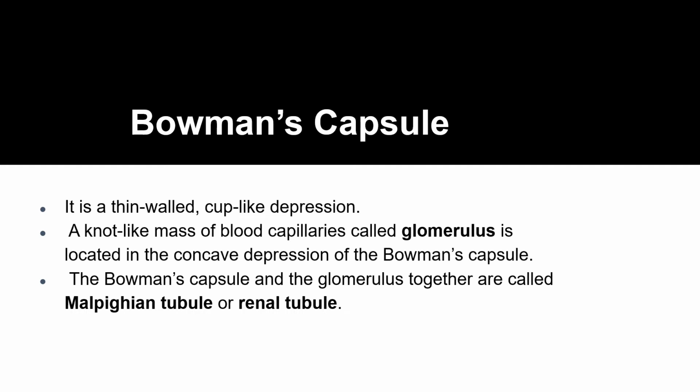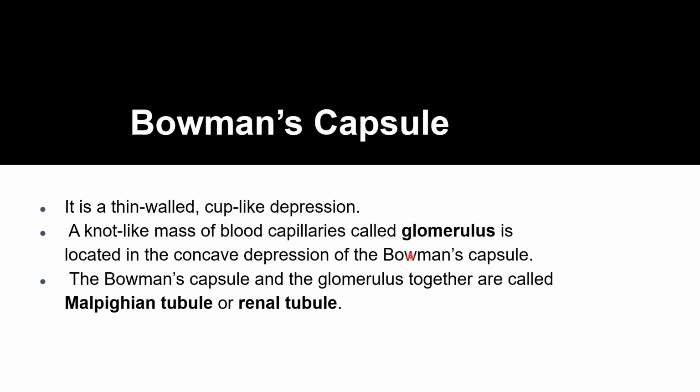So first let us understand about the Bowman's capsule. Bowman's capsule is very thin walled, and it looks like a cup-shaped structure. Inside that cup-like structure you can see a mass of blood capillaries, which are called the glomerulus.